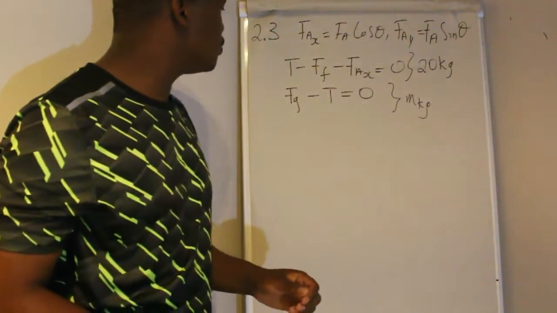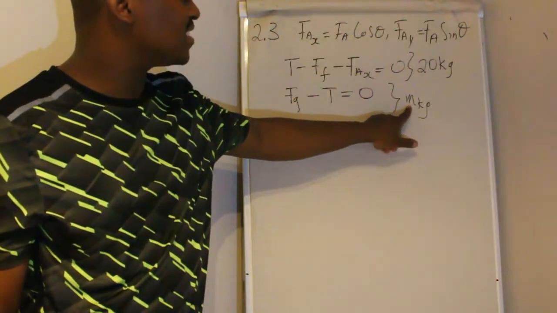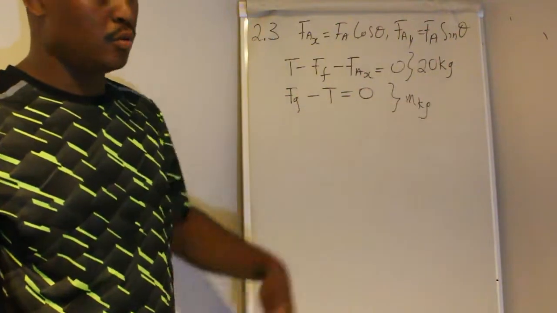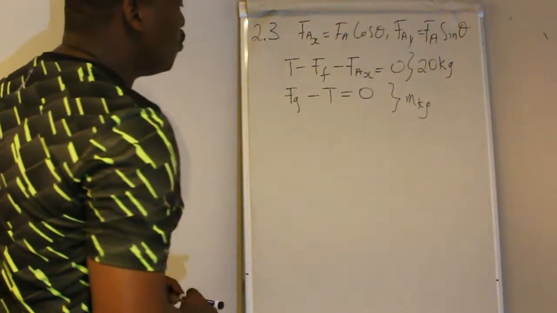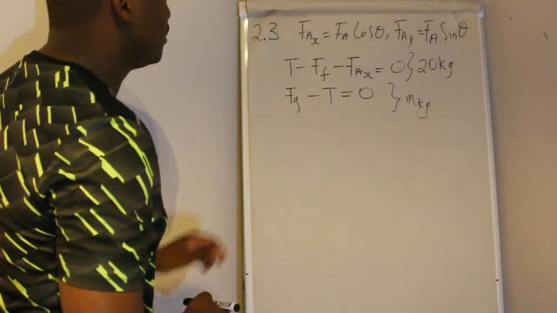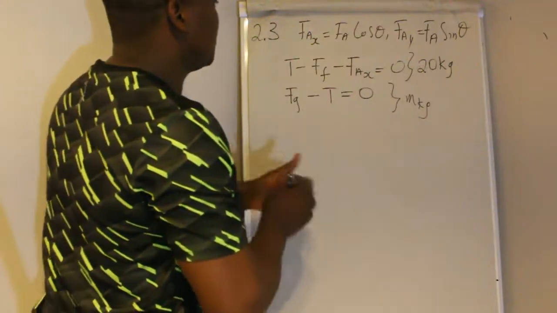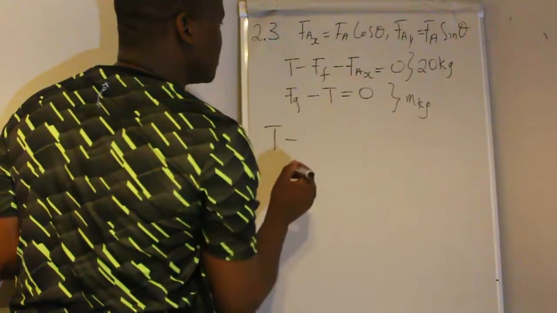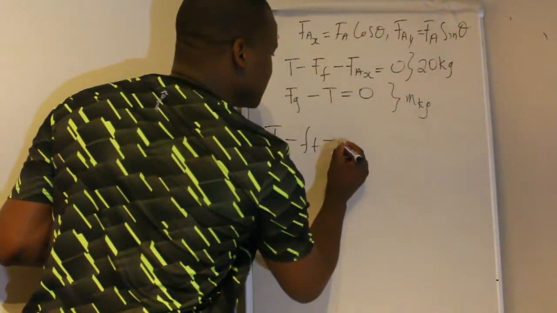So what they want us to do is find the mass of the block. You still remember the question. You can go back if you've forgotten. So what you do here, the tension, you're not given the tension. Let's use this first equation. So the tension you're not given, minus frictional force, minus FAX.